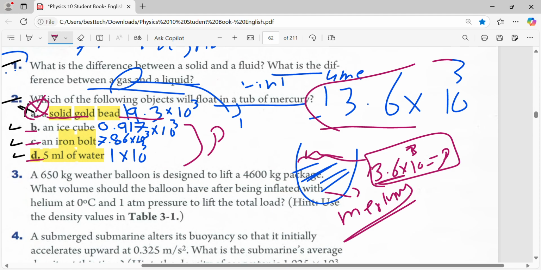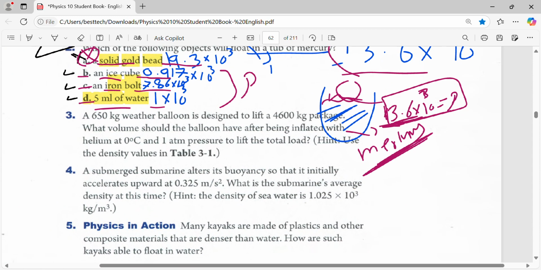Ice, iron, and the 5 milliliters of water: look, 0.9 is smaller than 13.6, 7.8 is smaller than 13.6, 1 is small. So B, C, D can stay on the surface of the mercury because they have a smaller density compared to the density of the mercury, 13.6.